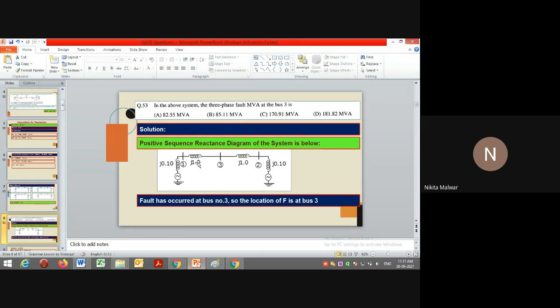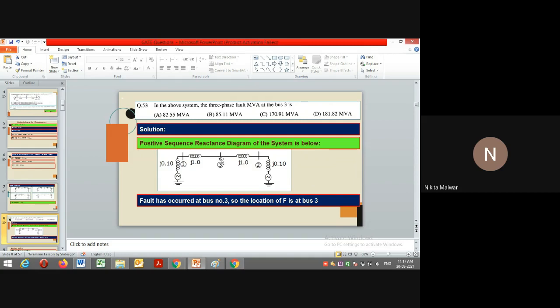Observe this diagram in which you may find the series connections. What impedances are in series? J 0.1 plus J 1.0, from generator 1 to bus 3. And where is the fault location? The fault location is at bus number 3.